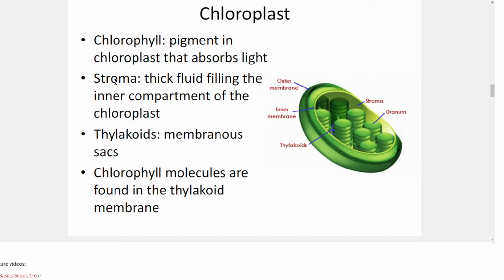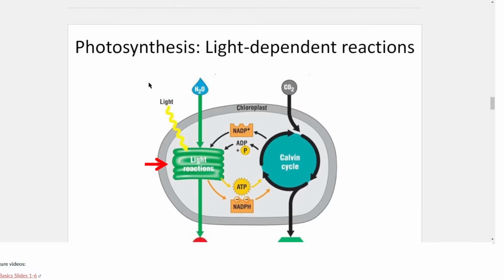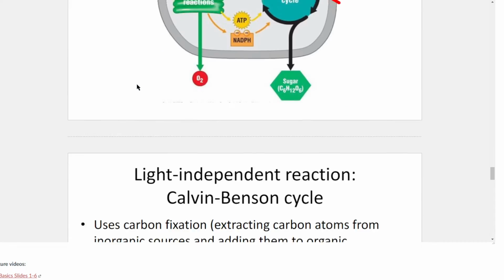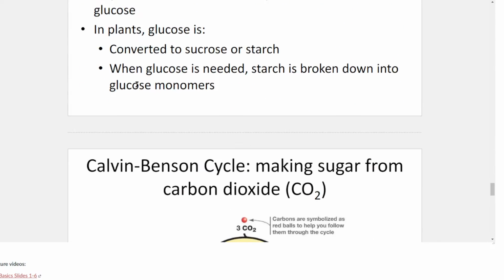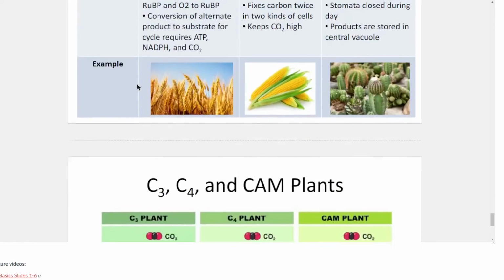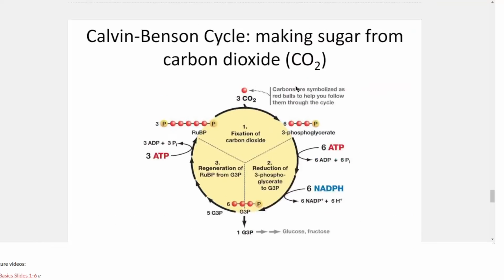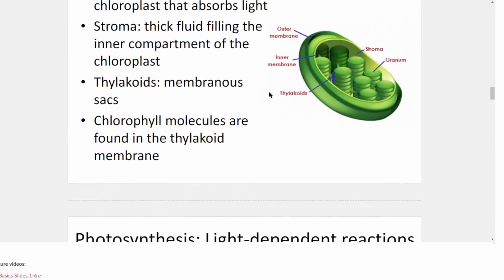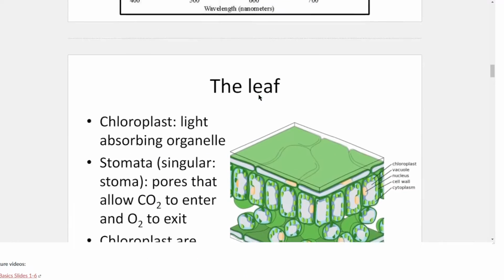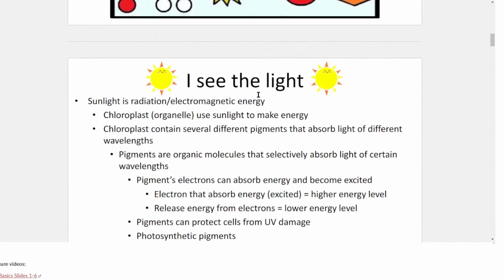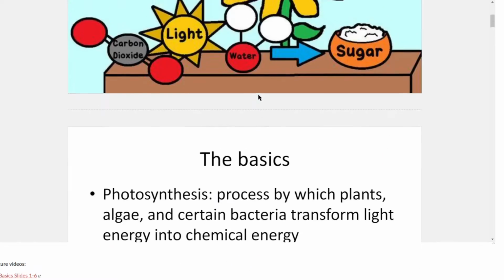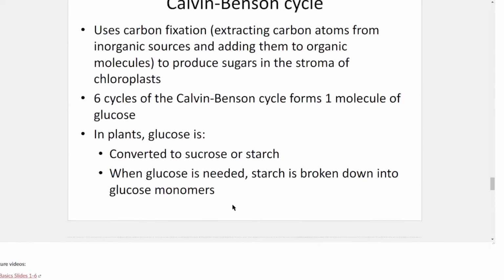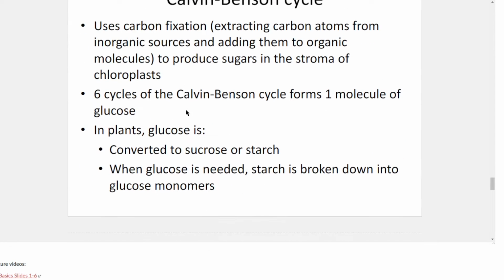I mean cytoplasm of the chloroplast. So if we look here, the question is asking, where does the Calvin cycle occur? So the Calvin cycle, it doesn't say here, but where does it say? I'm very sure it's in the stroma.